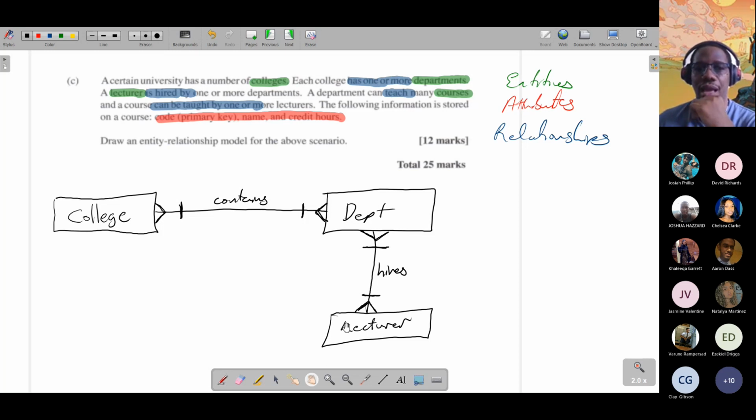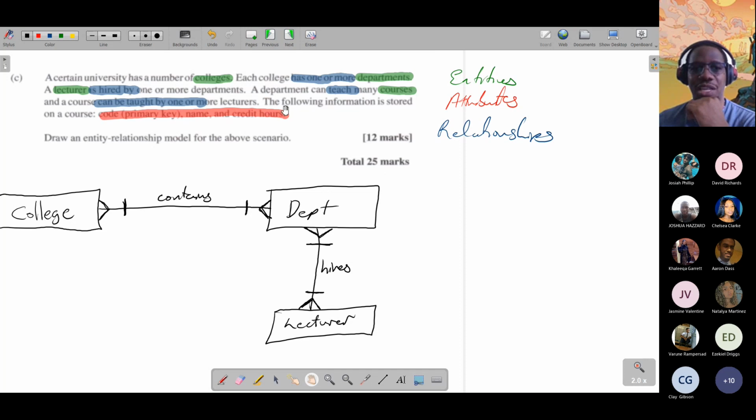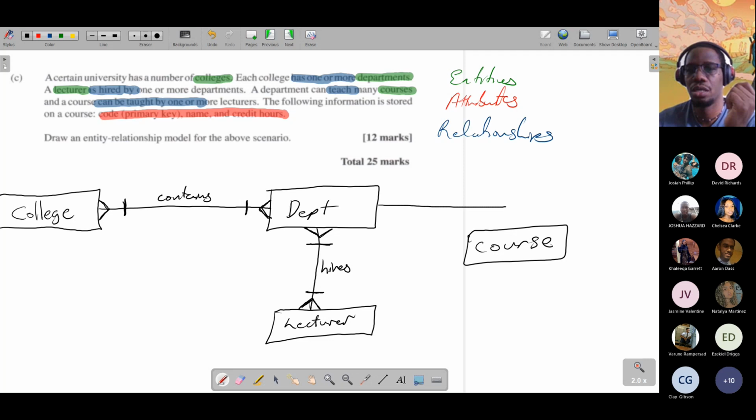And we have a department can teach many courses, but they say a course can be taught by more than 1 lecturer. I don't want the relationship with the same name, so I'm giving a new name to this relationship. So I have course here, and I could say that a department will offer a course.